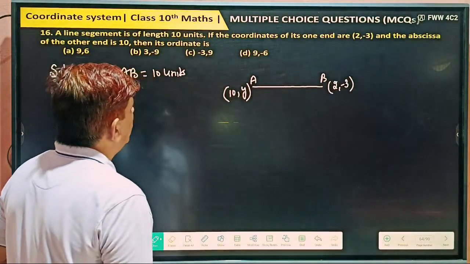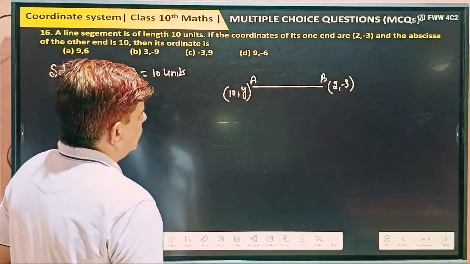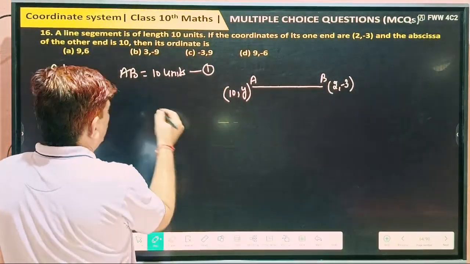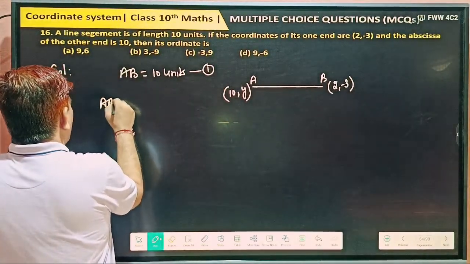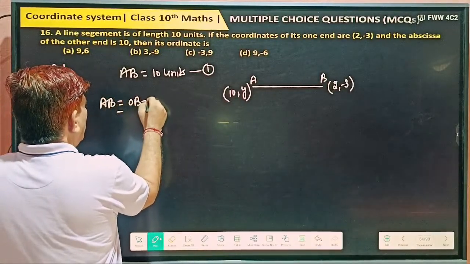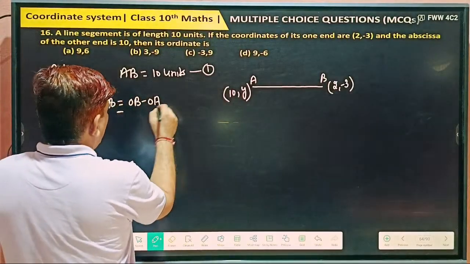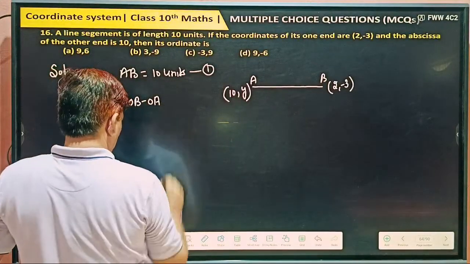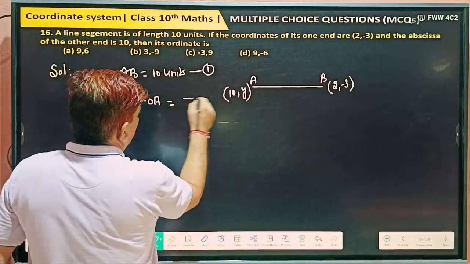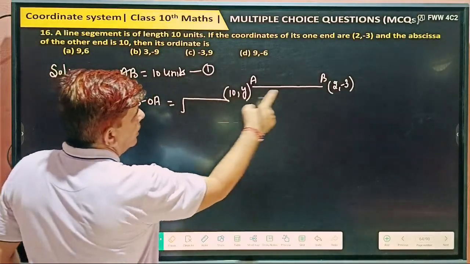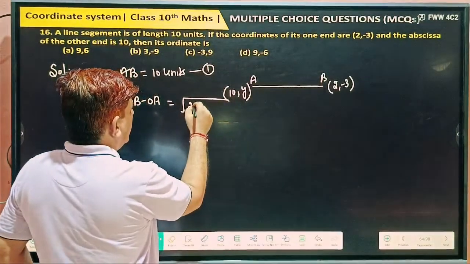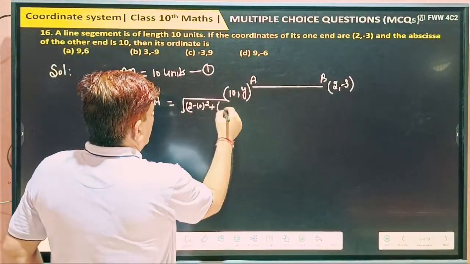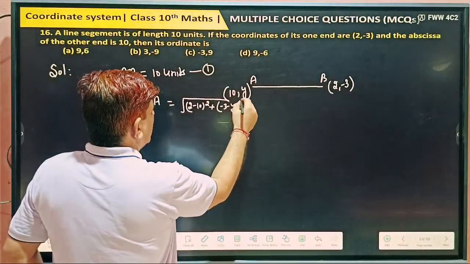So how can we find this? This is number 1. Then AB equal to OB minus OA, which I have written like this: under the root (2 minus 10) whole square plus (minus 3 minus y) whole square.